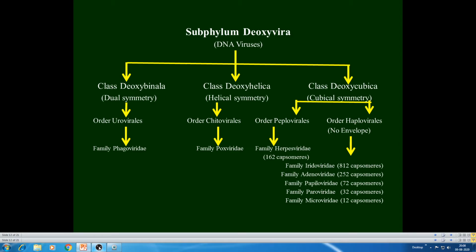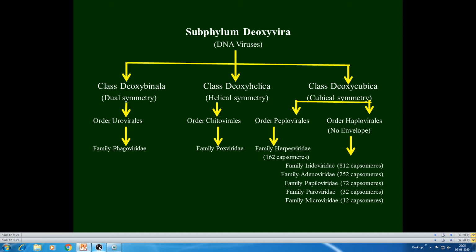Class Deoxyhelica has only one order, Cytovirales, which has only one family, Poxviridae. But Deoxycubica has two orders, Papillovirales and Haplovirales. Papillovirales has only one family, Herpesviridae, but Haplovirales has five families: Iridoviridae, Adenoviridae, Papillomaviridae, Parvoviridae, and Microviridae.